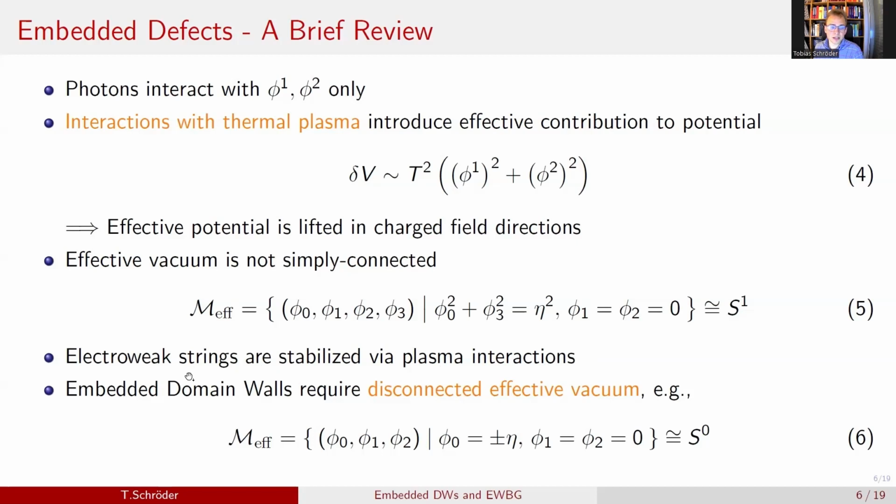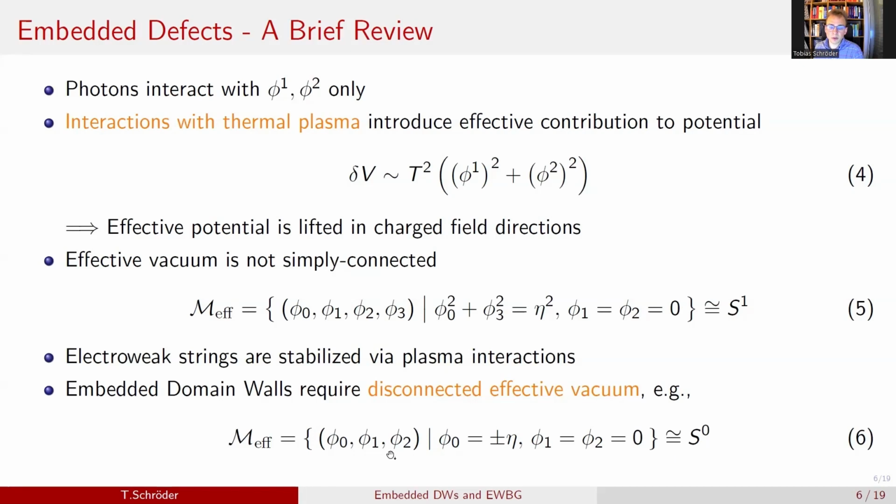For a baryogenesis scenario, we want, however, embedded domain walls, which require a disconnected effective vacuum. In a toy model, this can simply be realized with a Higgs field consisting of 3 real scalar fields, phi0, phi1, and phi2, and a vacuum manifold which has the form of a 2-sphere.